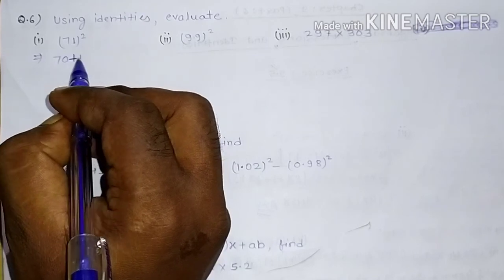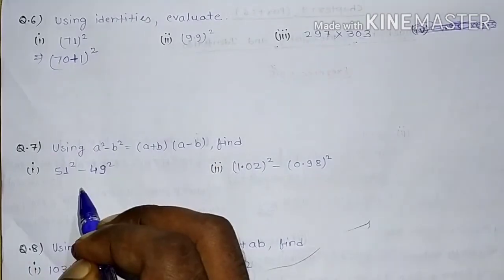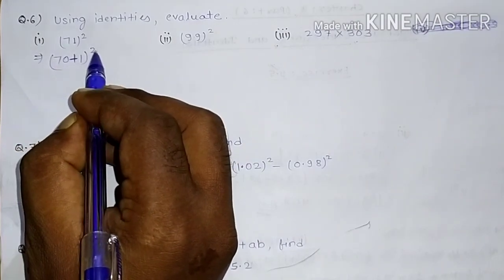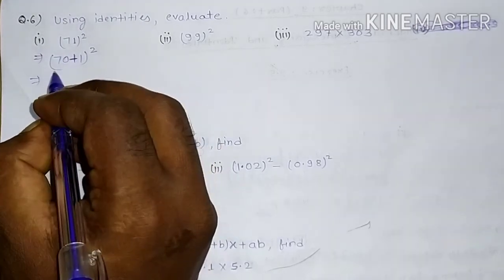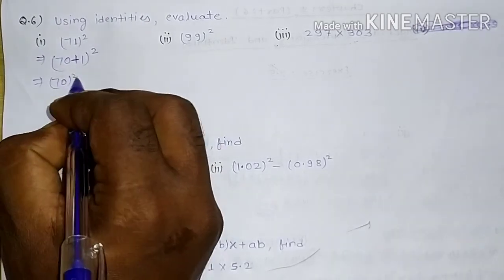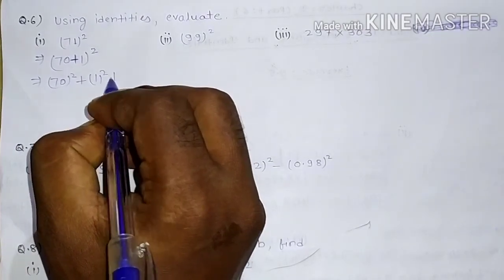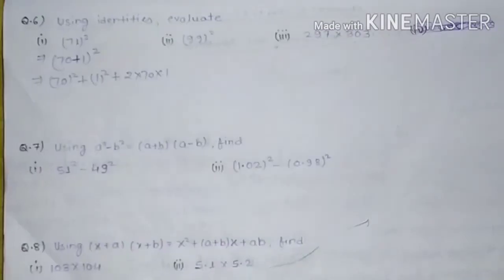So it will be (70 plus 1) whole square. This expression is in the form of (A plus B) whole square. So simply apply the formula, that is A square, so (70) whole square, plus B square, that is (1) whole square, plus 2AB, that is 2 into 70 into 1.